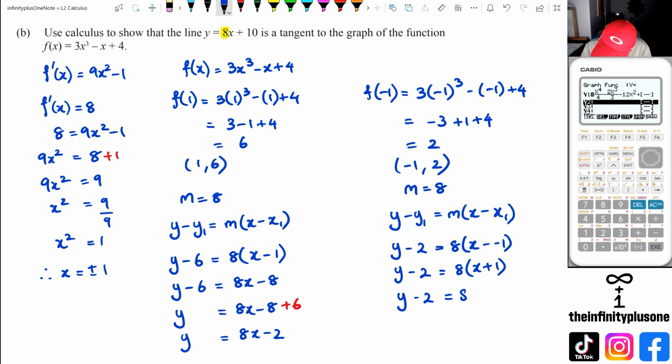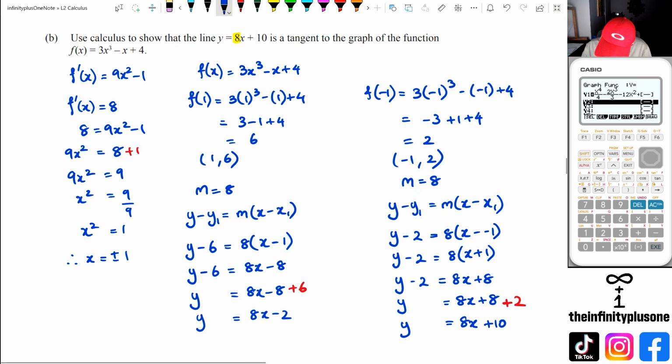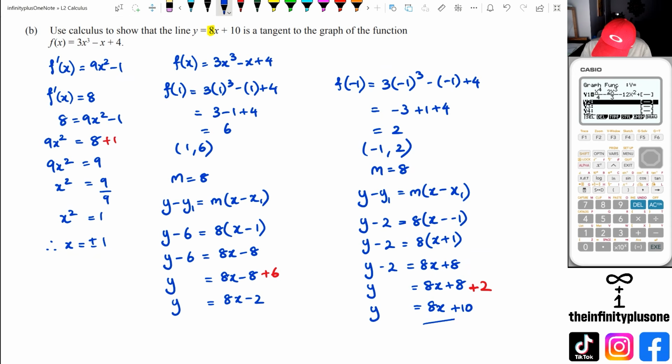Y minus 2 is equal to 8x plus 8. I should take the minus 2 across, which will become a plus 2. And y is equal to 8x plus 10. So as you can see, this is the correct answer there. Y equals 8x plus 10. So we have shown that this is a tangent to the graph of this particular function.